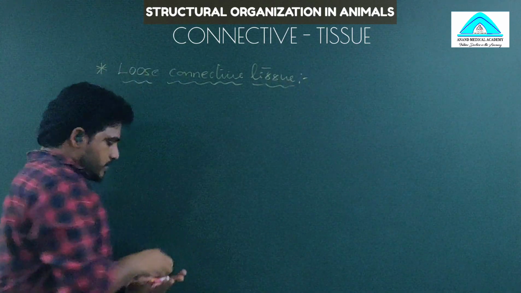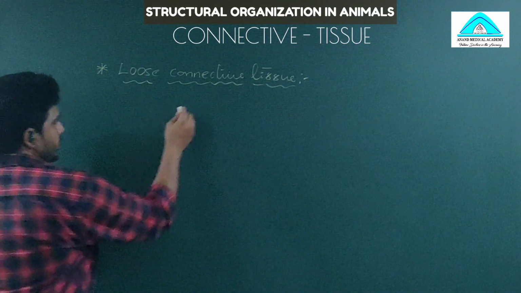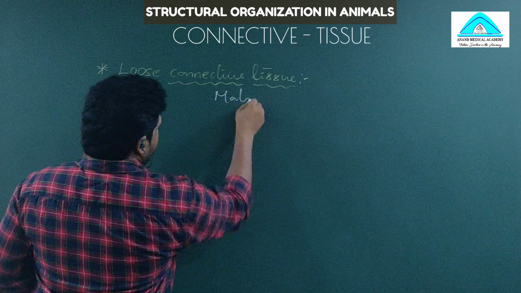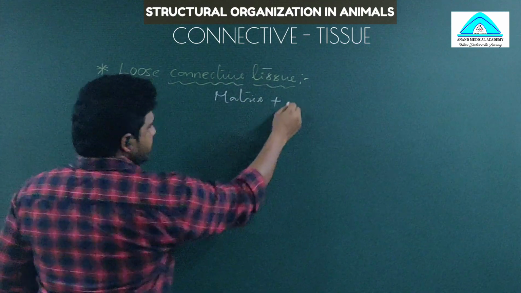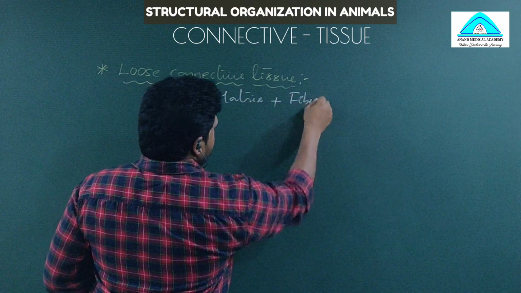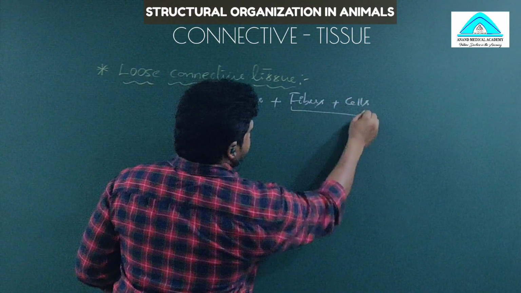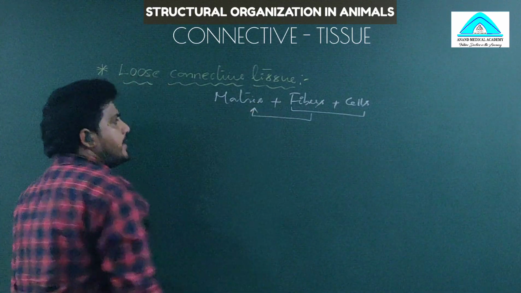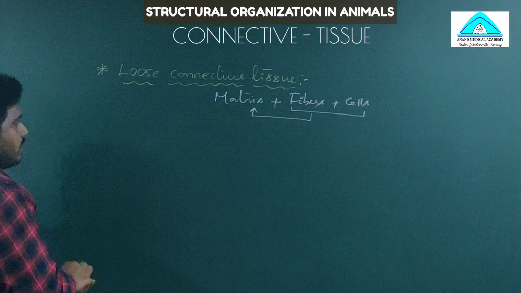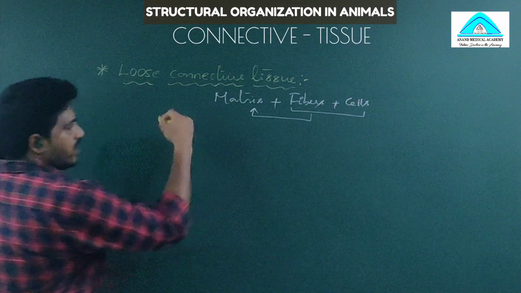The basic point of loose connective tissue: generally connective tissue is made up of matrix plus fibers plus cells. The fibers and cells exist inside the matrix, but the matrix percentage is greater.